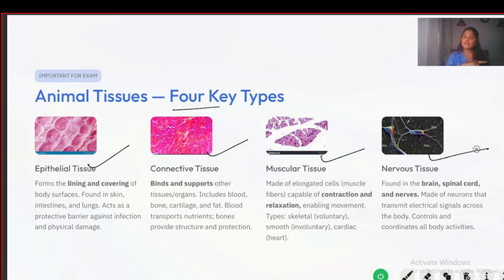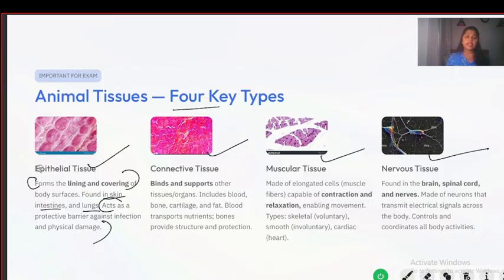In plant tissue also you will find epithelial tissue, which makes the outer covering of the plant. Epithelial tissue in animals, in humans also, makes the lining or covering of the body surfaces and organs, like our skin. It is found in skin, intestine, lungs, and acts as a protective barrier against infection and physical damage.